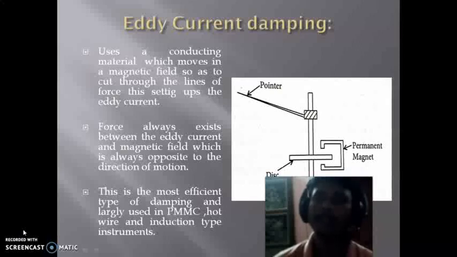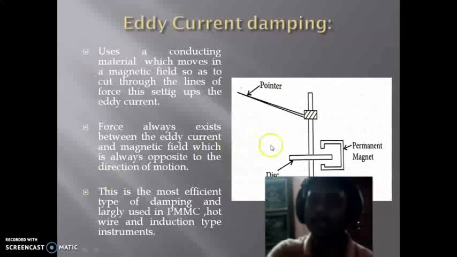So I already discussed the essential things of indicating instruments, three forces or torques developed in the indicating instruments. First one is the deflecting torque, second one is the controlling torque, and third one is the damping torque. These three things are very essential for the indicating instruments.